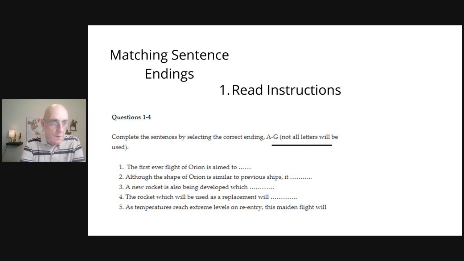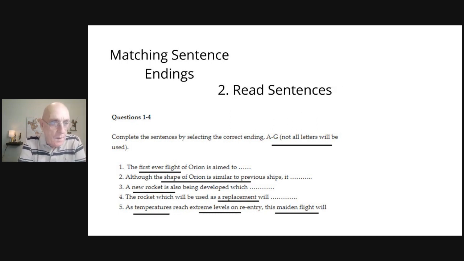So the first thing we want to do is read the instructions again and make sure that we're aware of one of the important parts of this: we're given 5 sentence beginnings, but we're going to have more options to choose from. So we won't be using all the options that we're given.